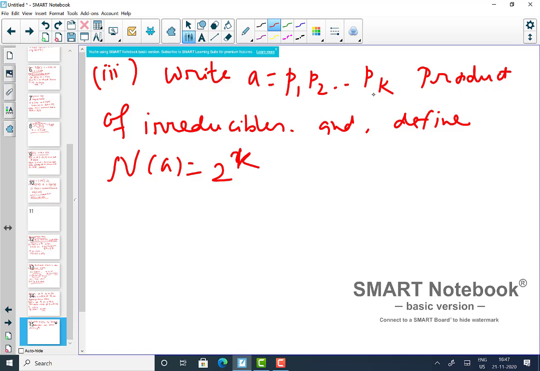Okay, so if I define it that way, you can easily prove that this is a non-zero norm, and you can prove that it has this property also.